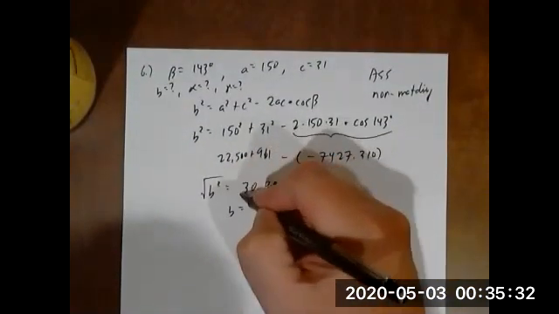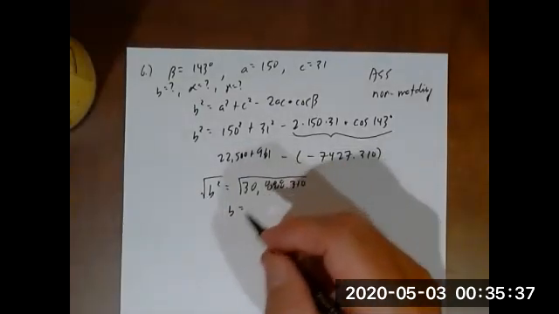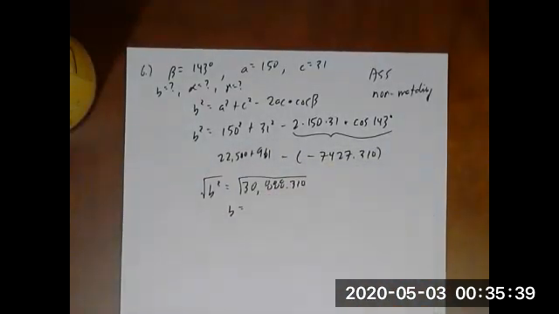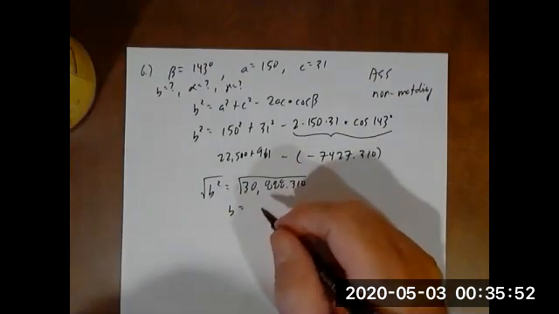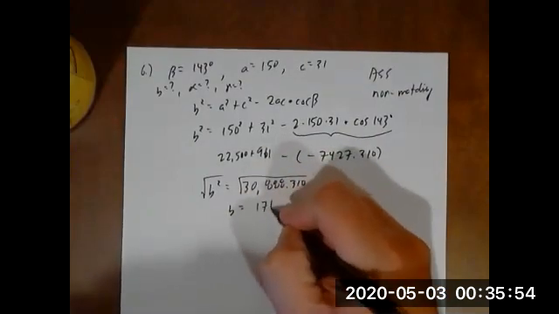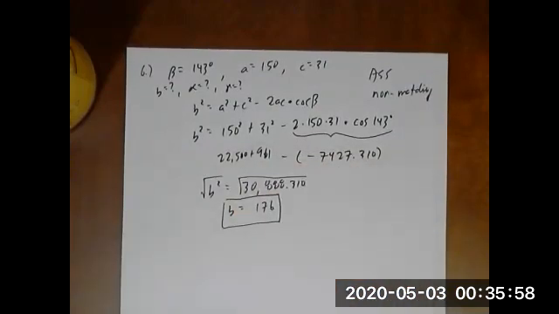Get the square root of both sides to find b. See what they say to round to. Nearest whole number. So this is 175.75, so it's 176. That actually is the correct answer.